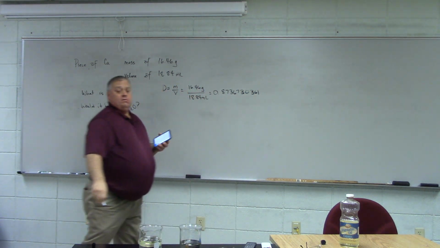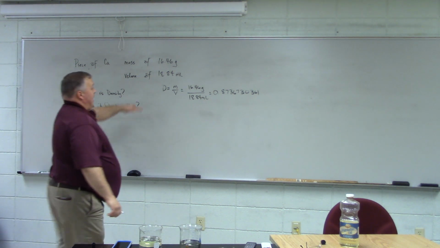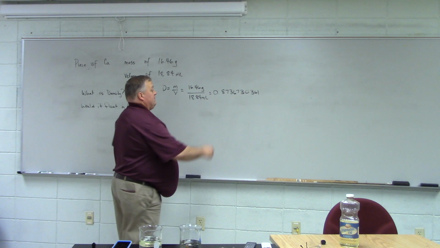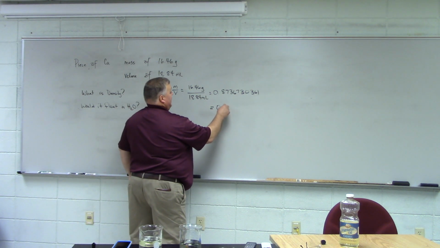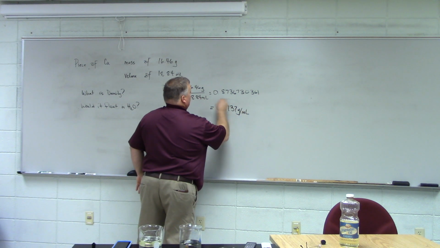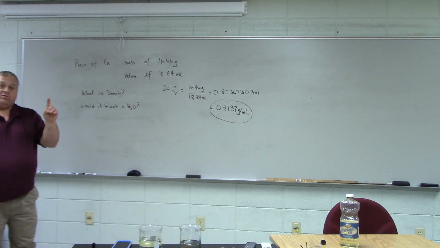But I know that I've got to have the correct number of significant digits. I have 4 digits here, 4 digits here, so I need to round my answer to 4 digits. So that would be 0.8737 grams per milliliter. That's my density. My first question is answered.